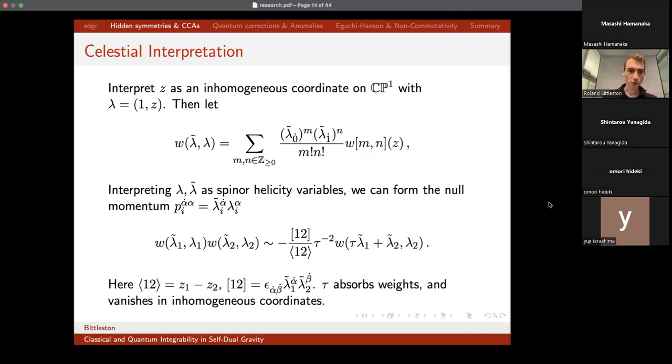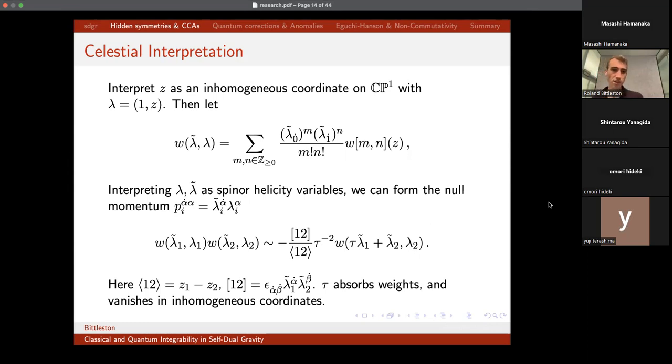Okay, I now want to flesh out precisely what the connection is to celestial holography. The celestial program really came about by thinking about soft theorems and amplitudes, so I want to recast these structure constants and interpret them in terms of amplitudes.